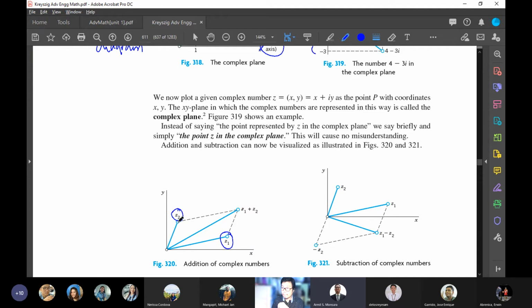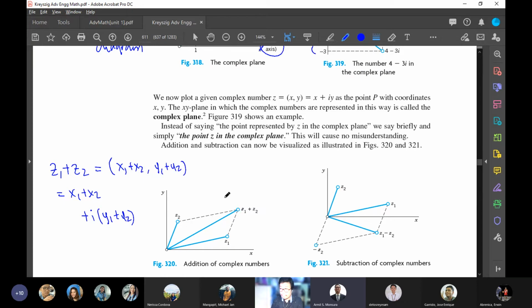Take note that when we add two complex numbers, Z1 plus Z2, we add their real parts, x1 plus x2, and then we add their imaginary parts, y1 plus y2, so that the sum has the coordinate pair (x1 plus x2, y1 plus y2).